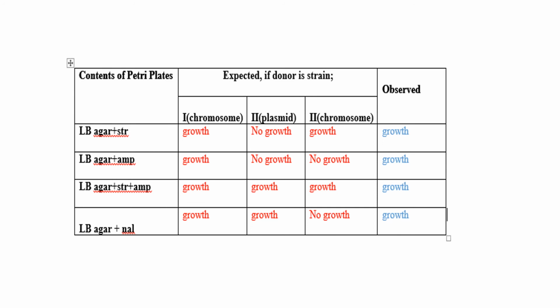Therefore, we can conclude here that based on these results, strain 1 chromosome was the donor. Please note that these are arbitrary results used just for explanation, and it should by no means be interpreted as actual or real results.